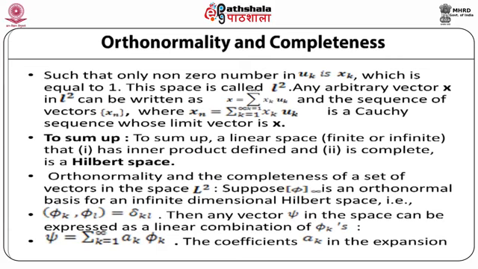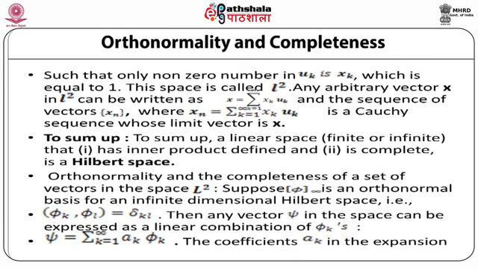That is, the scalar or the inner product of phi k and phi l is equal to delta kl, where delta kl is equal to 0 for k not equal to l and is equal to 1 for k equal to l.